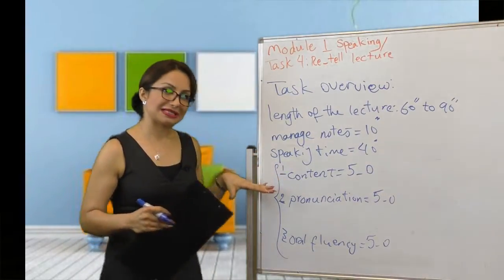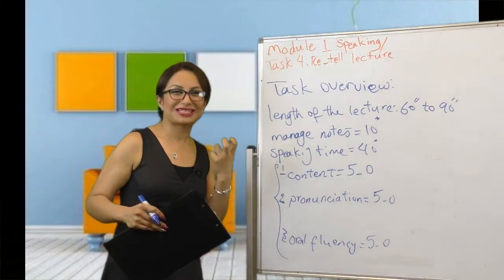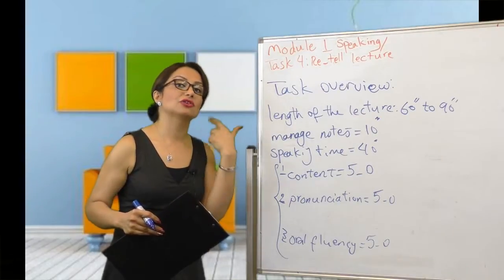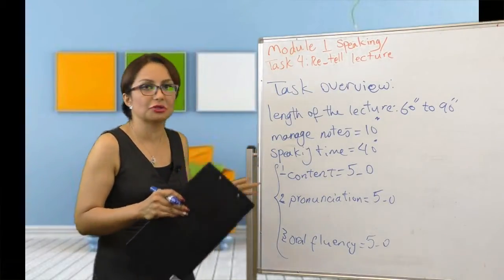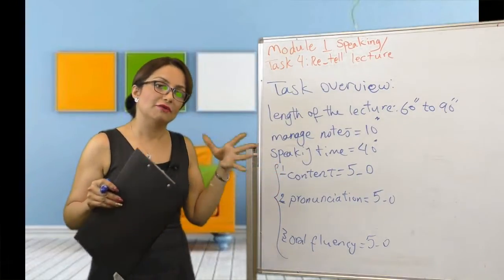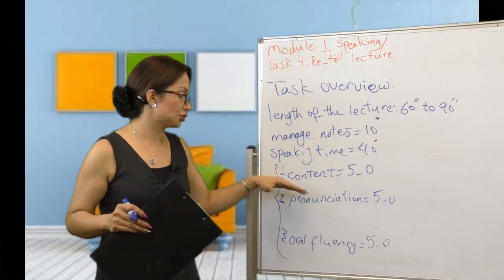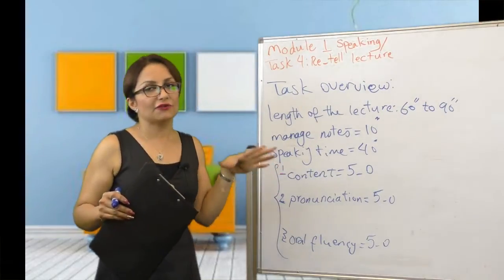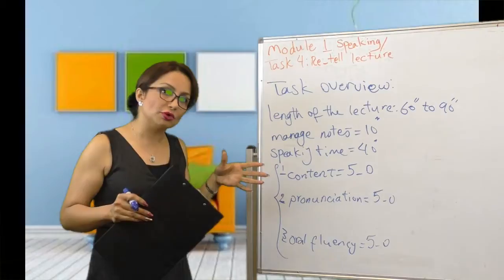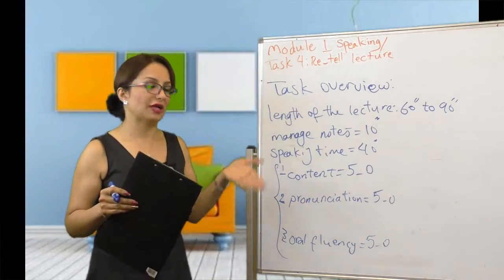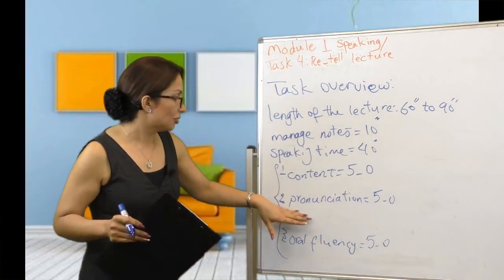And how it works? Content of your presentation is in fact the content that you can get from the lecture and retell it. Let's say, for example, if you can cover the main points of the lecture with some supporting ideas, so for sure in content it is 5. If you can get some points of the lecture, not that much of supporting ideas, so it may not be 5, and it goes down until 0.